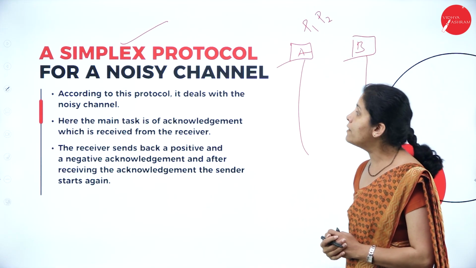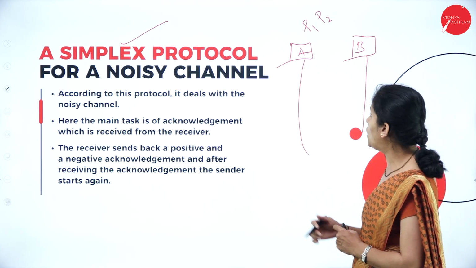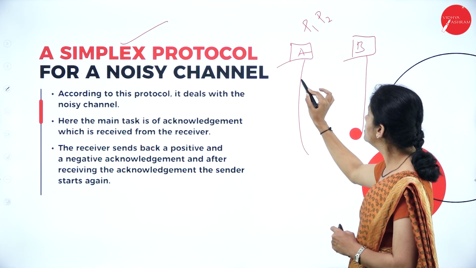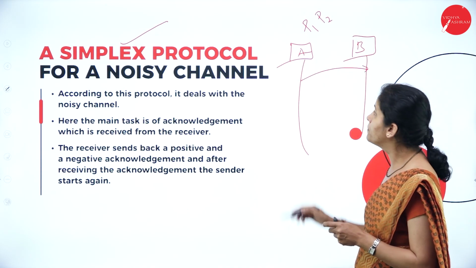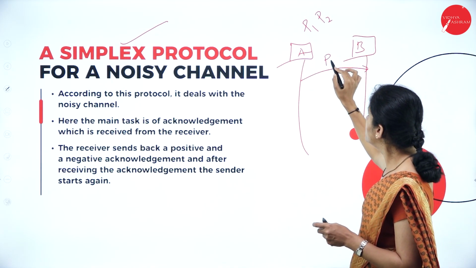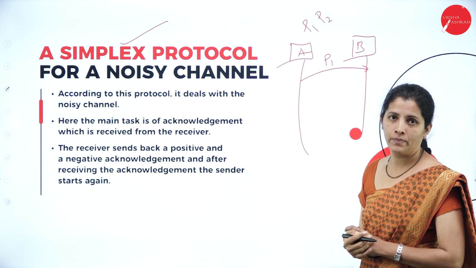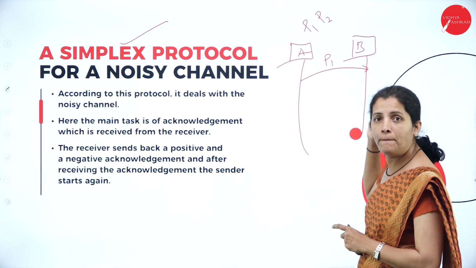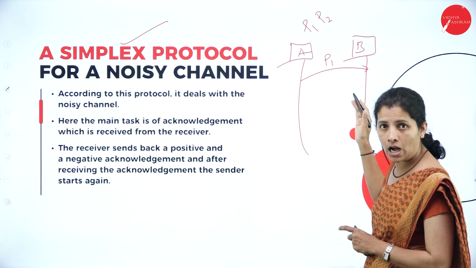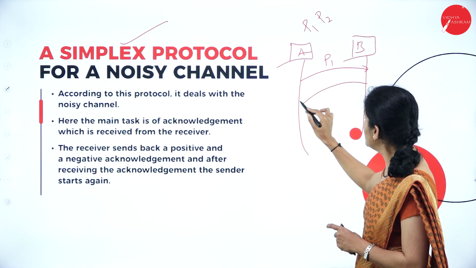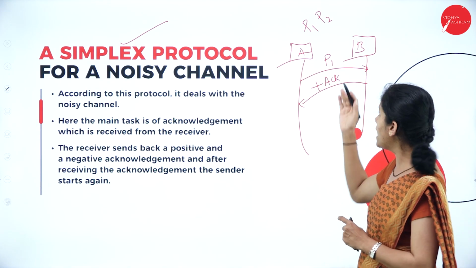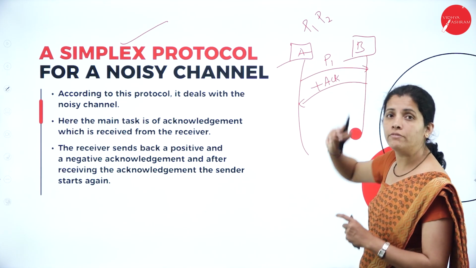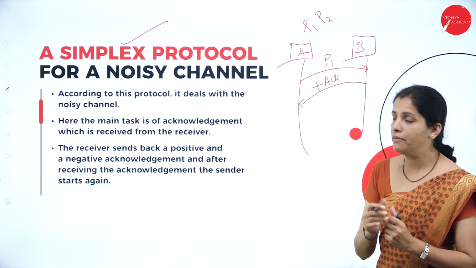According to this protocol, sender A is going to send the packet P1 to B. When B receives P1, B is going to send the positive acknowledgement that B wants to receive the next packet.